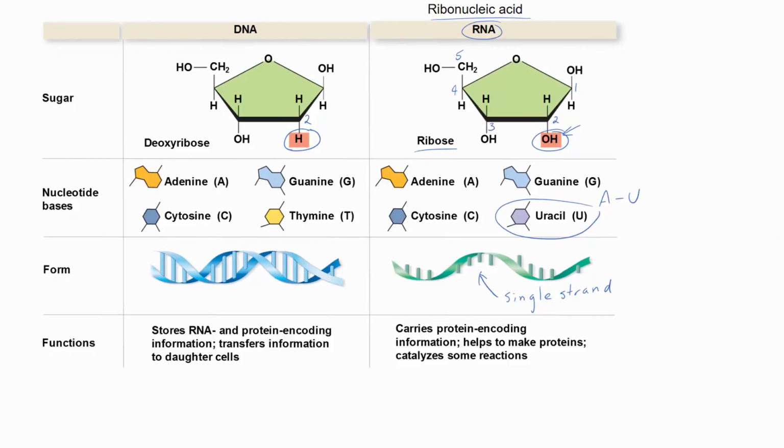The function of these two molecules is related but quite different. So DNA has a few functions, but primarily DNA has a code in it which helps to code and create RNA through a process called transcription.